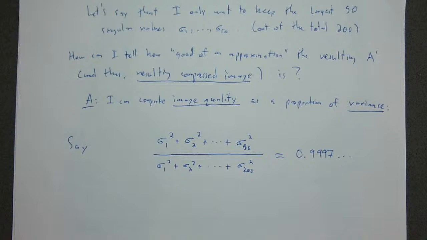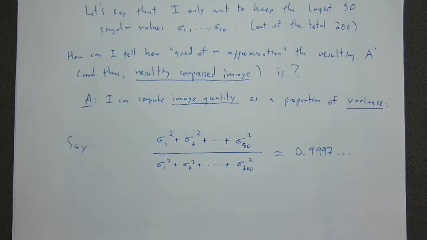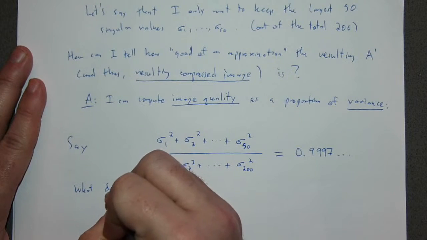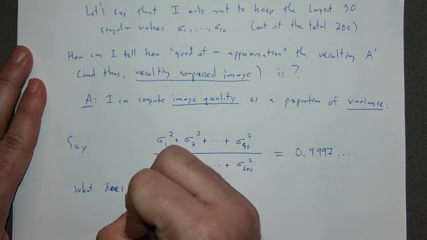Okay. I'm getting this from part of an example from the Math 401 textbook or Math 401 online notes. Okay. So anyway, then what does this mean? So what does this mean?